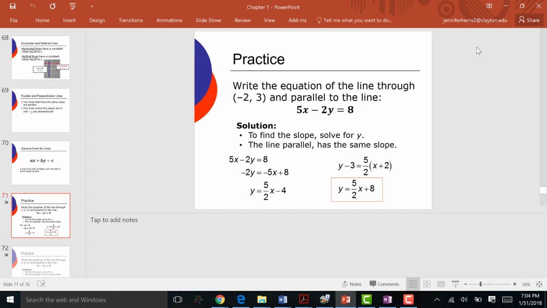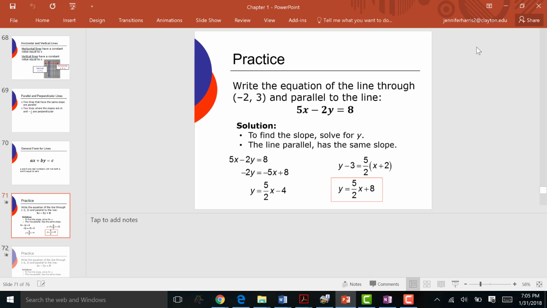Why? Because we're trying to get it in y equals mx plus b form, so you want to start putting that mx in its right place. So I've got negative 5x plus 8, because that's a positive 8, right? I put the negative 5x right there.